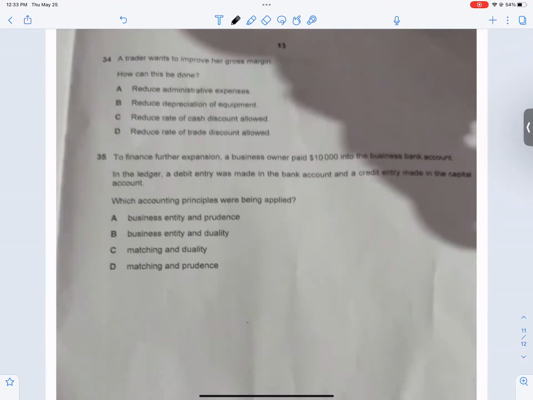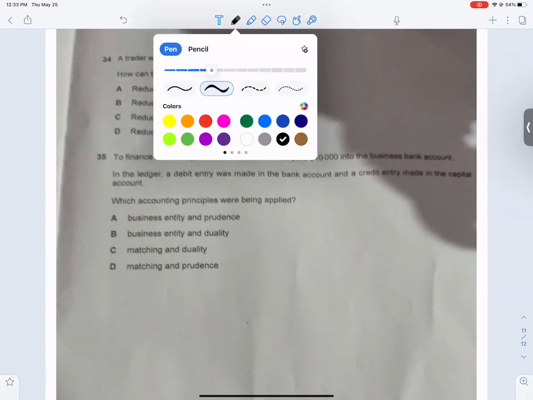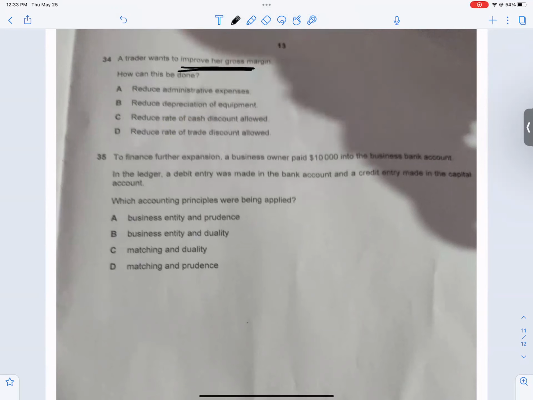A trader wants to improve her gross margin. How can this be done? Reducing administrative expenses, reducing depreciation for equipment, reducing cash discount, and reduction of the rate of trade discount. Depreciation will go because it doesn't come near gross profit.